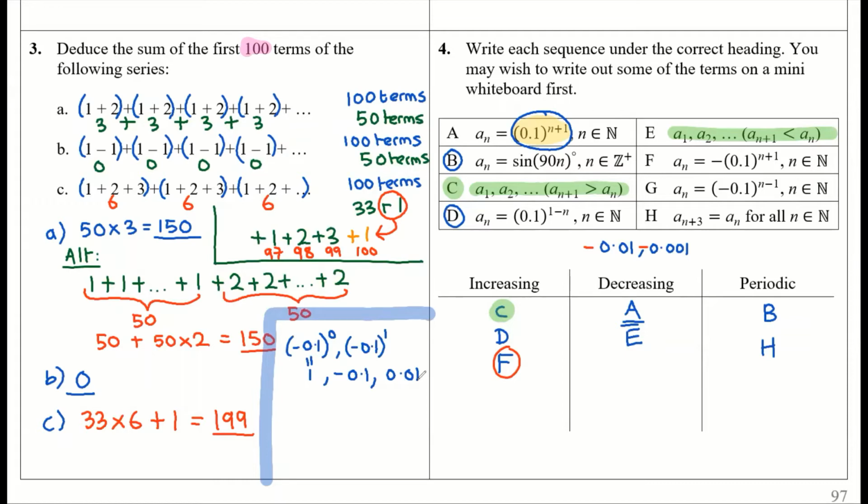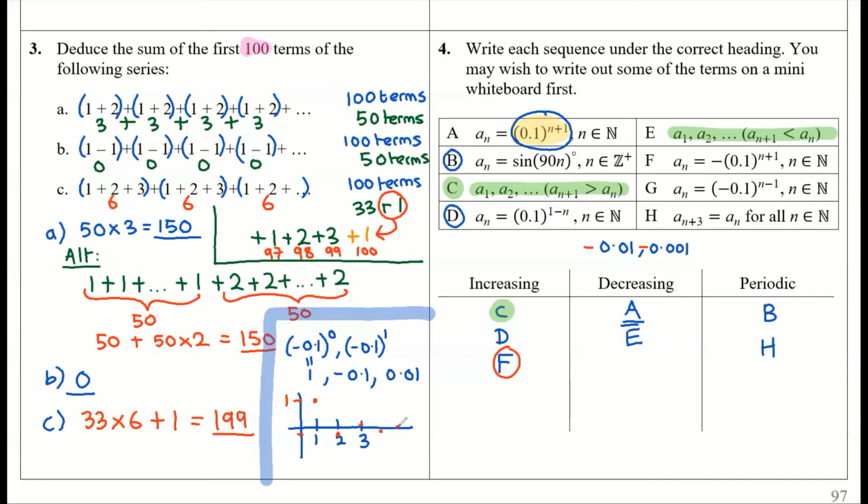Now, that's the reason why we have left G off our list. So the sequence, if you can imagine, as we go through each term, so there's term 1, there's term 2, there's term 3, if you like. The sequence starts at perhaps the value 1, like this, and then it goes down to negative 0.1, which might be there, and then it goes up to positive 0.01, and then it's going to go negative again, but get close to 0, positive again, but even closer to 0.